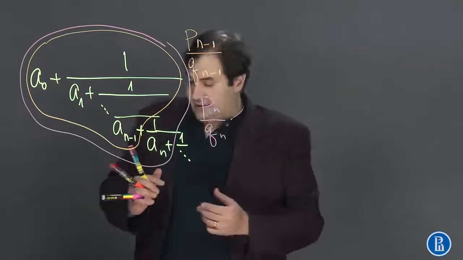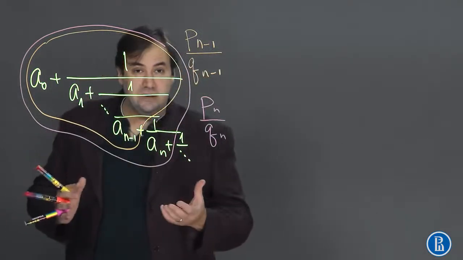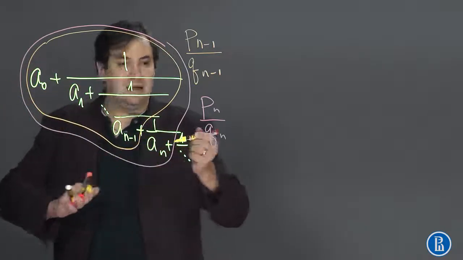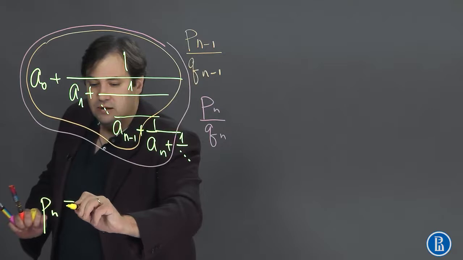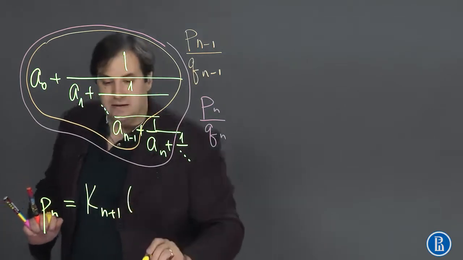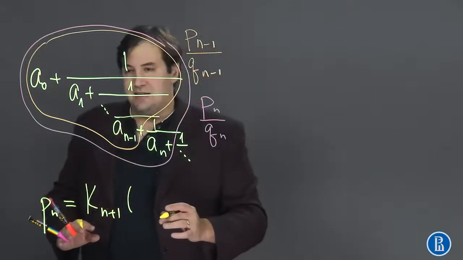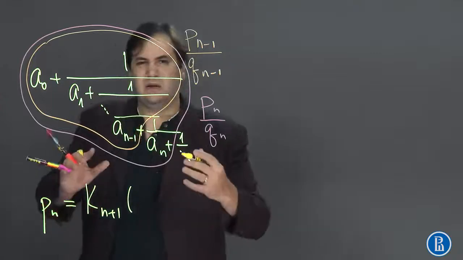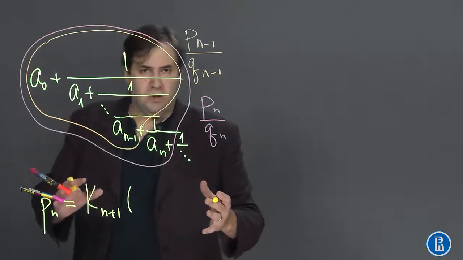Well, recall that each convergent is equal to a continuant of these variables here. Say pn is equal to the continuant with index n plus 1, and the variables in the parentheses are a's from 0 to n. But I will not write them down so that we do not have too much information on the board.